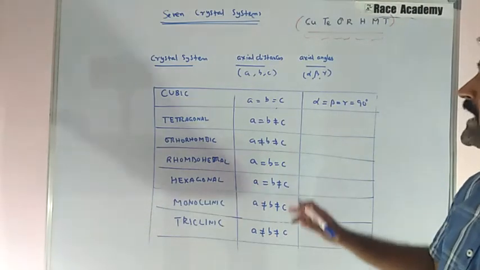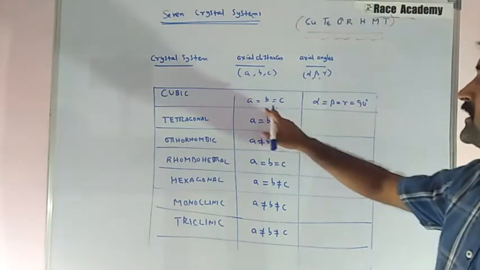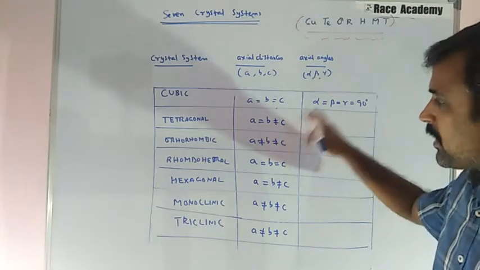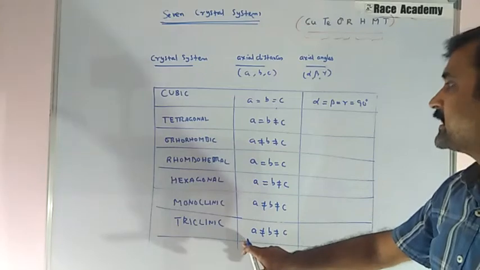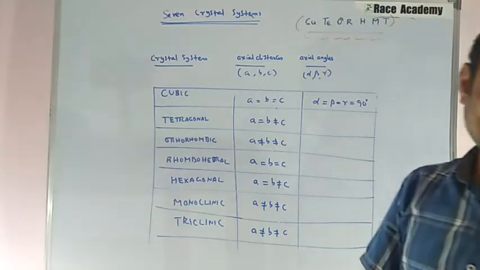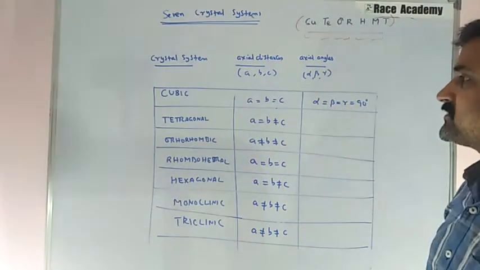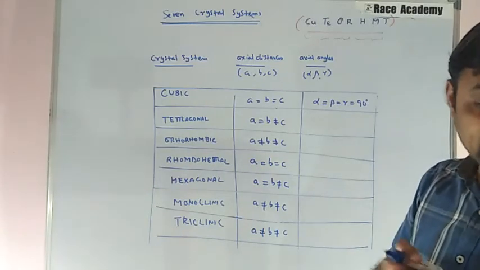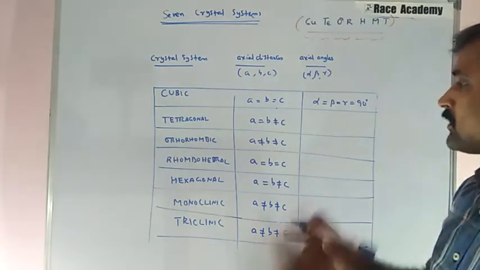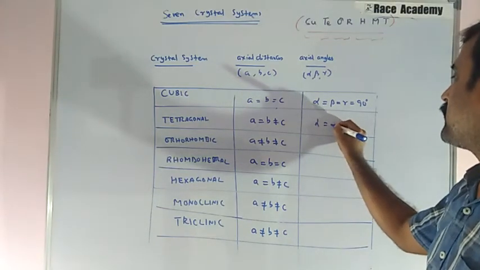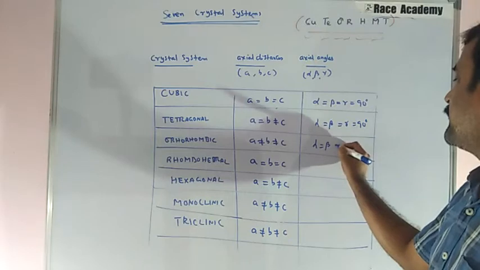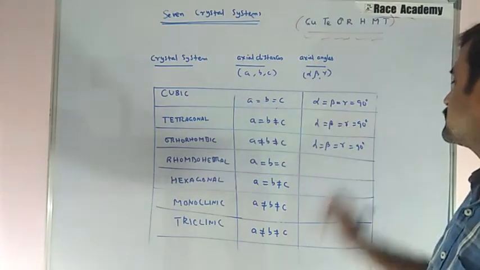In which cases do we have such things? A, B, C are all equal in rhombohedral and cubic only, and A, B, C are not equal in orthorhombic, monoclinic, triclinic. Coming to the angles alpha, beta, gamma, they are all 90 degrees in the first three cases: cubic, tetragonal, orthorhombic.